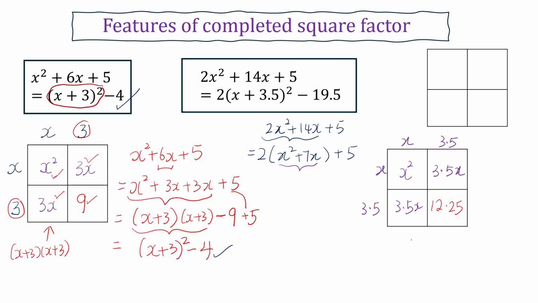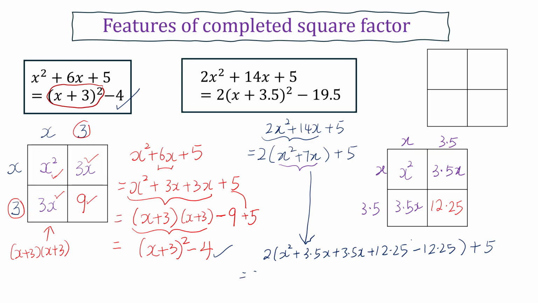Okay, I'm going to continue here. So that gives you 2 bracket x squared plus 3.5x plus 3.5x plus 12.25 minus 12.25, and then our sidekick plus 5.